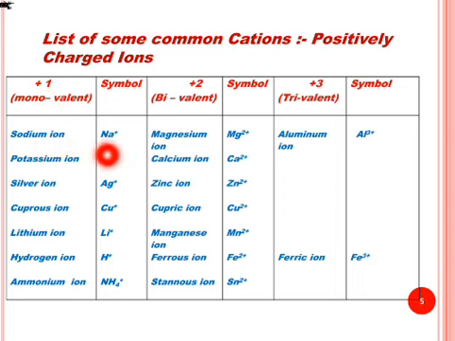Sodium ion Na+, potassium ion K+, silver ion Ag+, cuprous ion Cu+, lithium ion Li+, hydrogen ion H+, ammonium ion NH4+. See in this column there are bivalent ions having charge +2 or whose valency is 2.